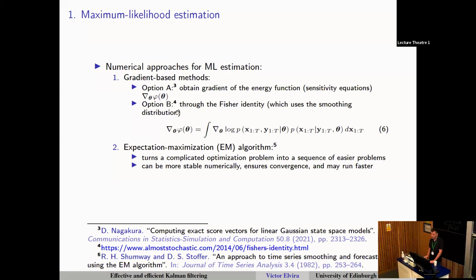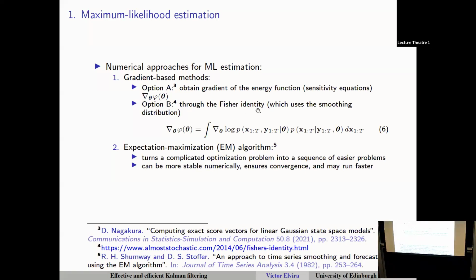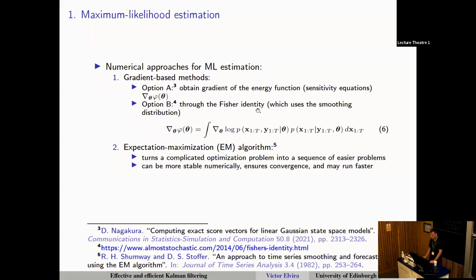Then you have option B, still a gradient-based method, based on the Fisher identity. I have never done research myself with the Fisher identity, and I was looking at it recently, and no matter how much I try to avoid Dennis, I found his blog to be very informative and very nice about the Fisher identity.